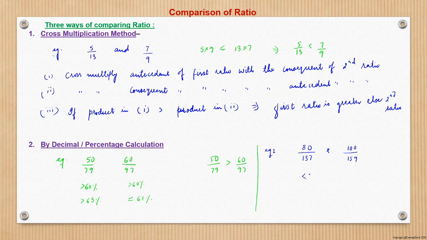So this is less than 60%. Whereas for this one, the denominator is about 160. 60% of 160 is 96, somewhere. This is more than that. So this is more than 60%, right? Luckily both examples have turned out to be around 60%, but any percentage value can be there. Since this is less than 60% and this is more than 60%, we will say that 80 by 137 is less than 100 by 159. So this is another way of comparing ratios, right?